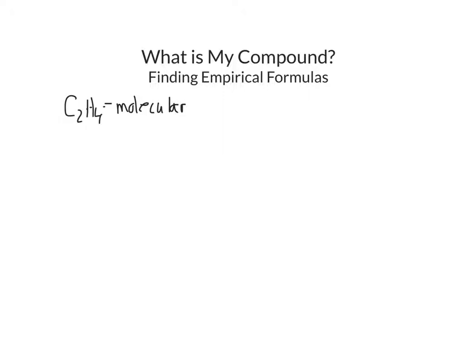Notice that I can divide each of these subscripts by 2 and have the smallest whole number ratio of carbon and hydrogen in this compound. So CH2 represents the smallest whole number ratios of carbon and hydrogen in this molecular compound. And so this would be the empirical formula for this compound.